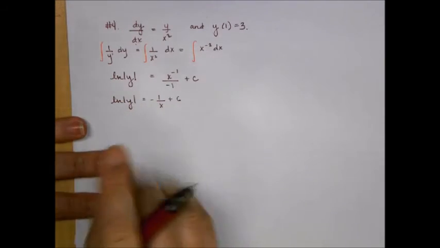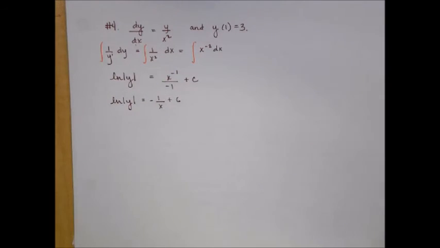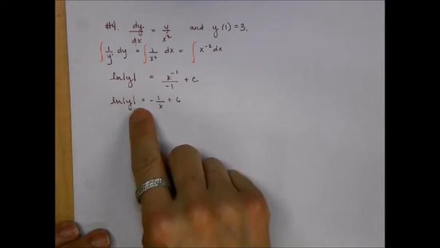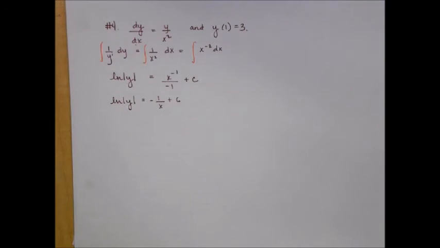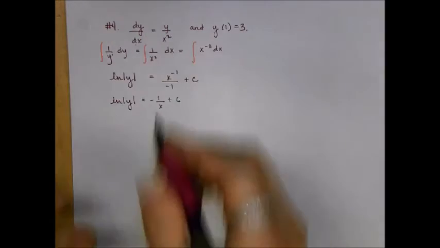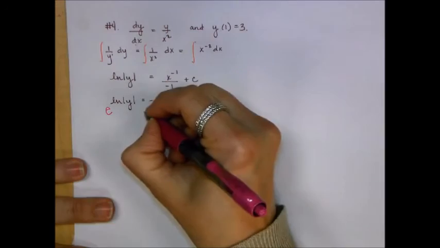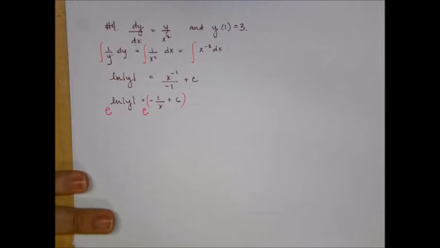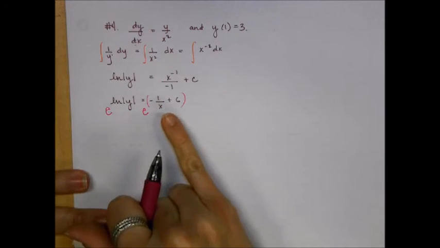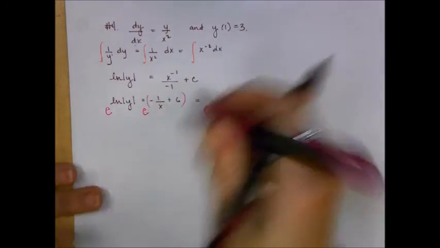To get y by itself, to get rid of the natural log, we're going to raise both sides as powers of e. So e to the power of the natural log of y is equal to e to this power here, -1 over x plus c. So I'm going to use my algebra property to split this up. So it becomes e to the power -1 over x times e to the power c.